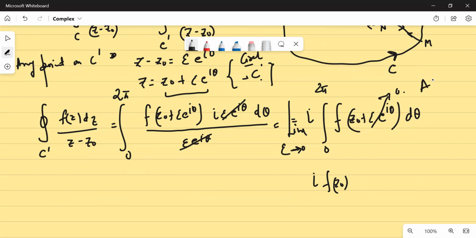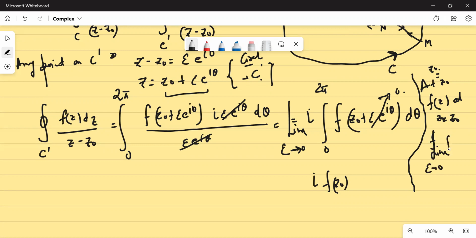You will ask, how did you put this limit inside the integration? You know that f(z) is analytic at z equal to z naught, and if f(z) is analytic at z naught, then f(z) is continuous. Since f(z) is continuous, you can take the limit also.